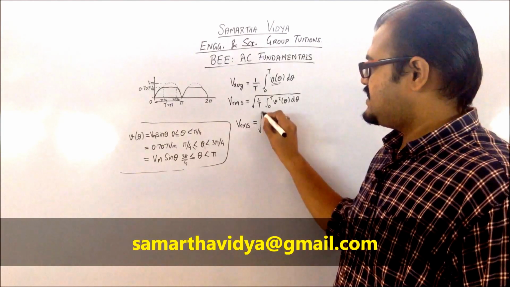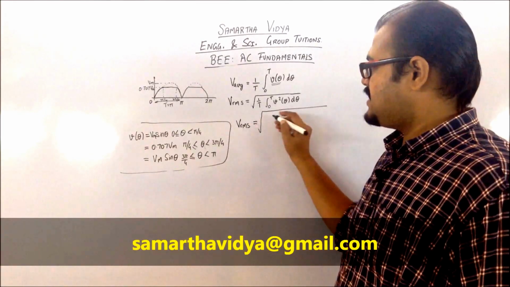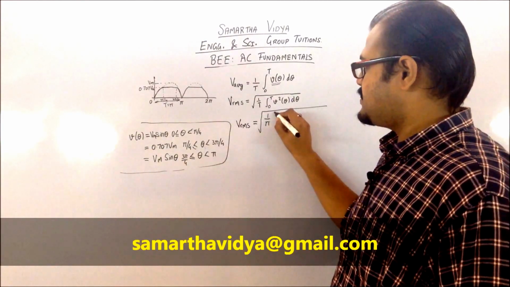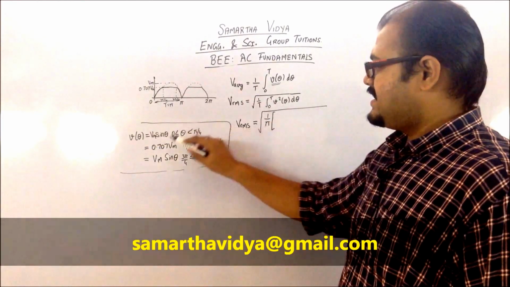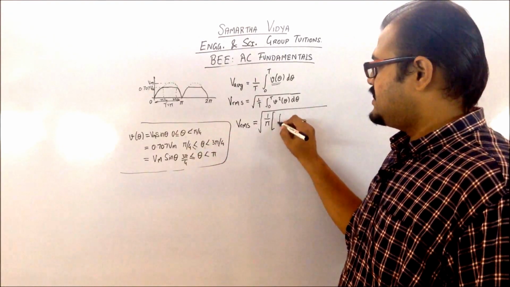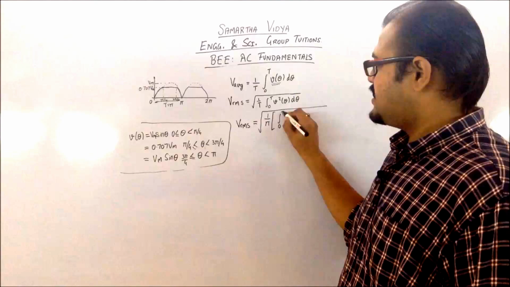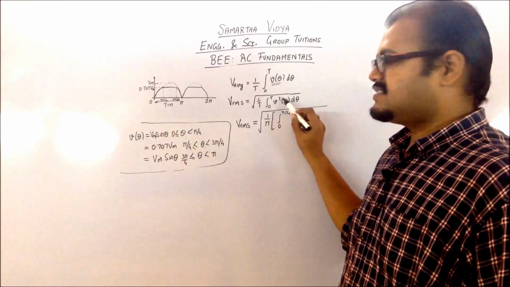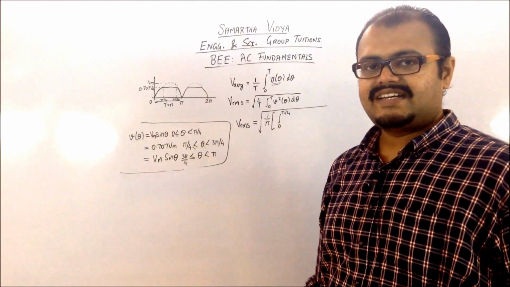We are finding the V RMS value for this waveform. So it is basically the root of 1 by T. Again, it's going to be 1 by pi because the time period is pi, and you can again see the bifurcation into 3 different parts. It's going to be from 0 to pi by 4 for Vm sin theta squared, because now you are having the V square theta term.